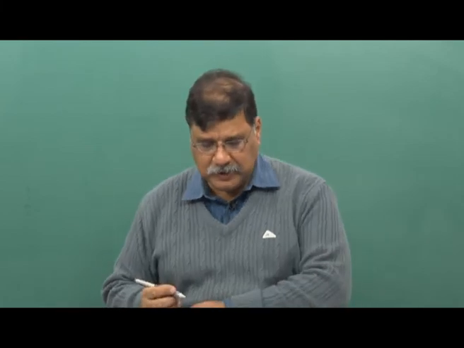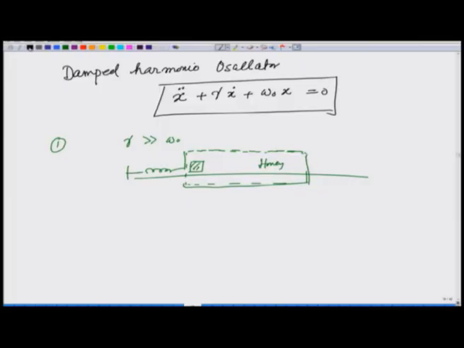So, in this case, let us see the solution. If gamma is much greater than omega 0, keep in mind that gamma and omega 0 have the same dimension, that is second inverse. So, I can compare gamma and omega 0 directly.